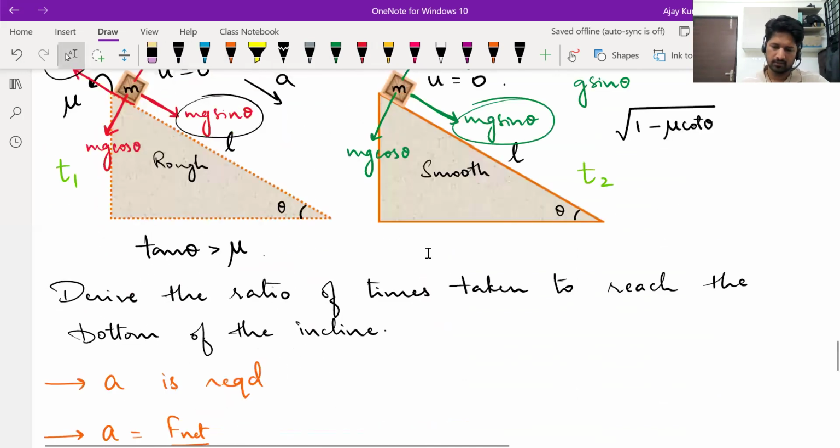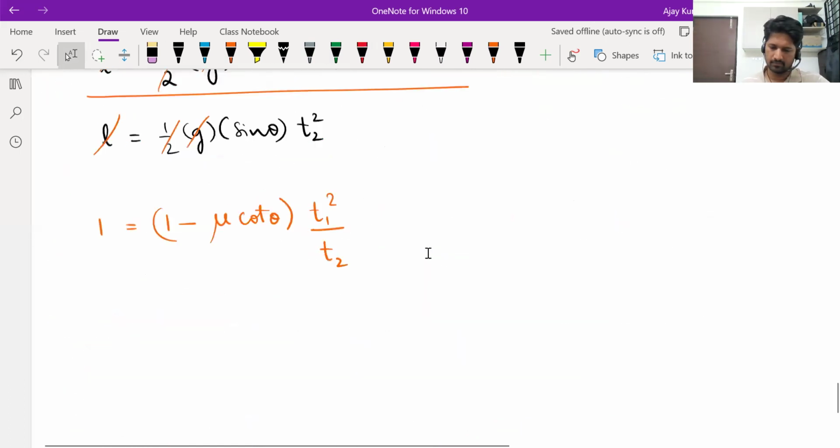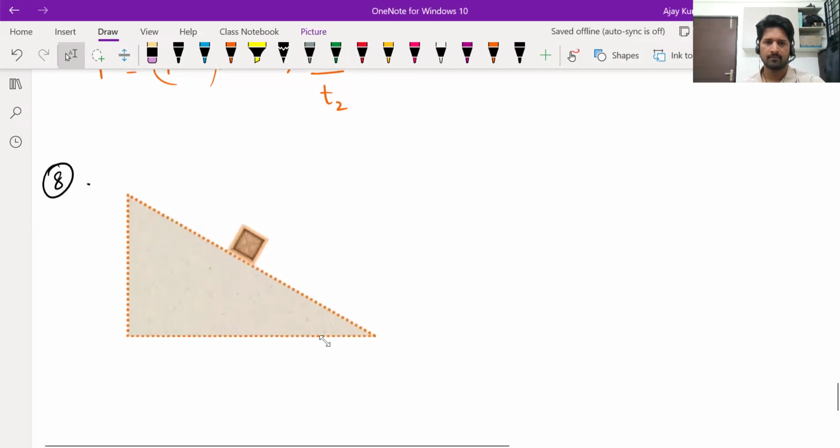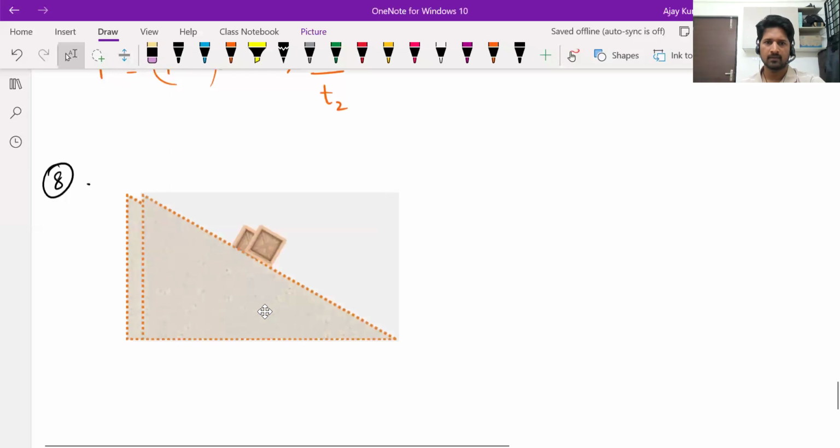Next question, just a moment. Slightly difficult question, but if you apply the correct ideas, you'll be able to get the answer.